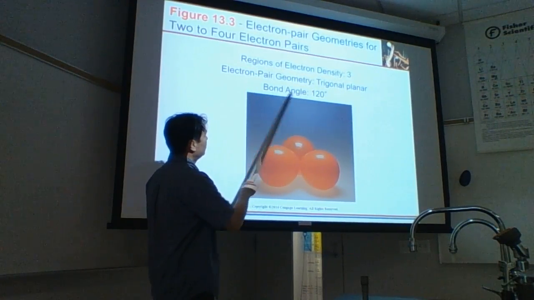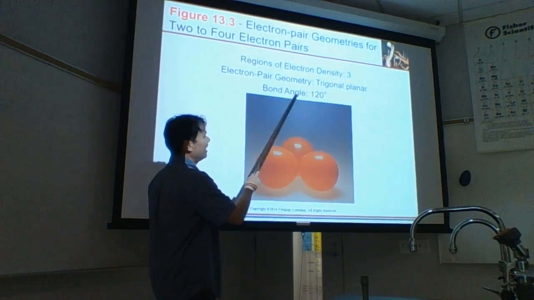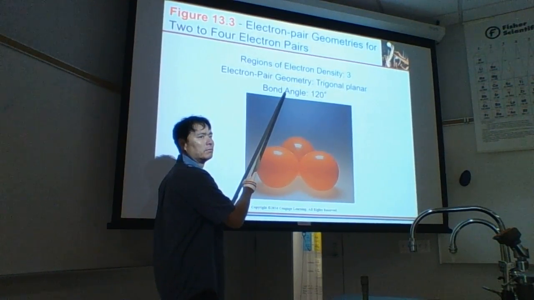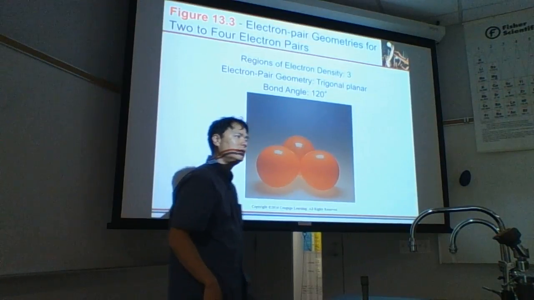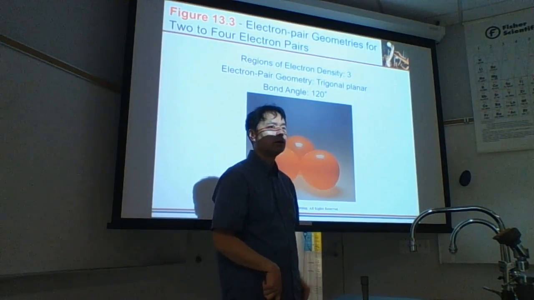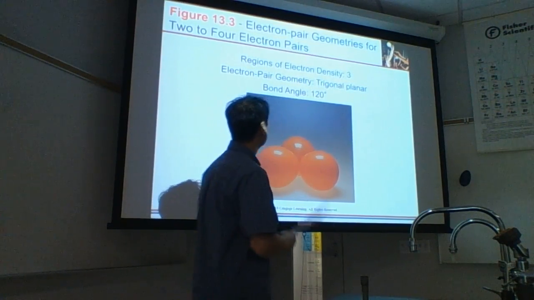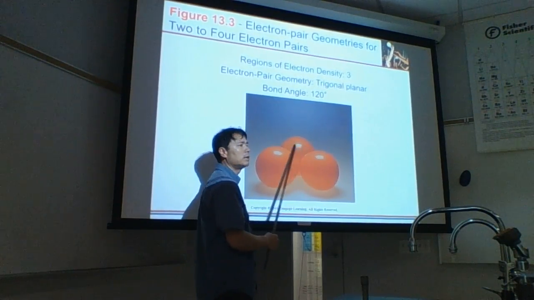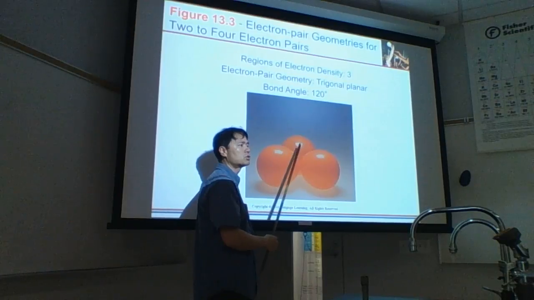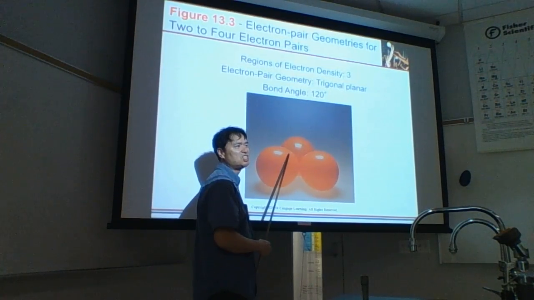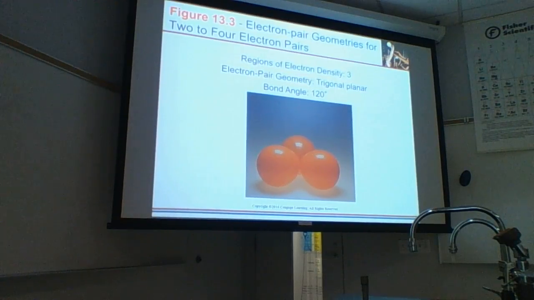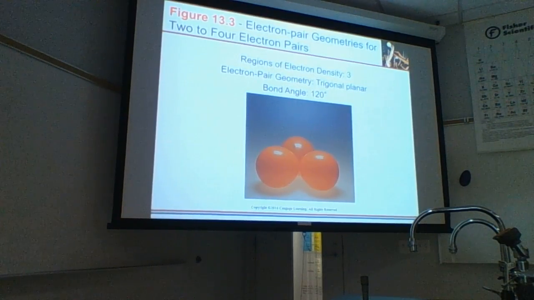Bond angle, this is not right. This is the electron group angle. A bond angle, we need three atoms to define a bond angle. I'll talk about that in a minute, but that's not right. And so this is a trigonal planar electron group geometry, or EG, or electron geometry, however you want to say it.